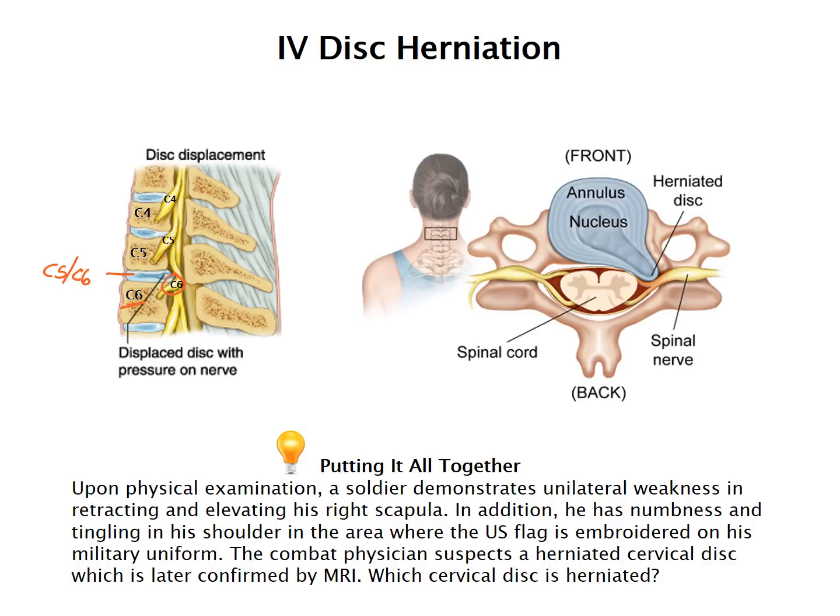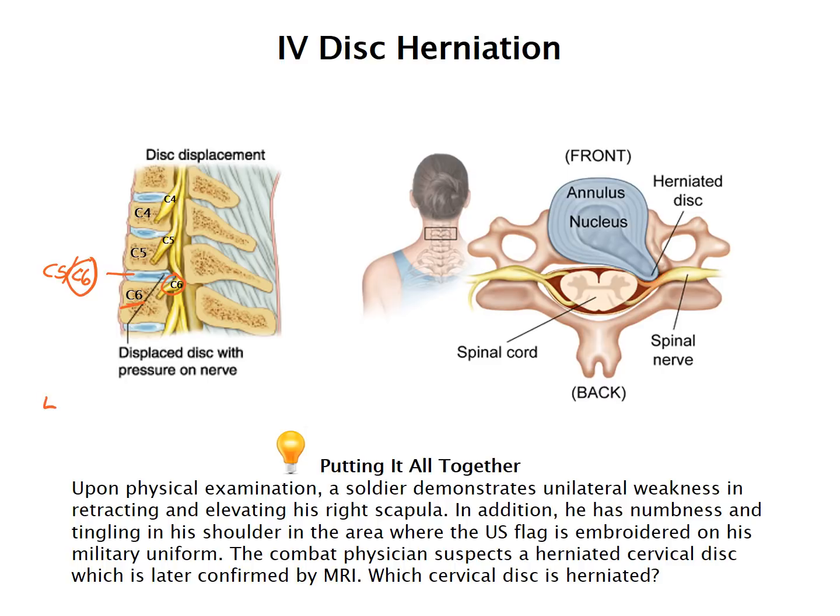There's only one rule that you need to remember when it comes to disc herniations, and that is that the nerve impinged by a herniated disc is always the bottom number of the disc that's herniated. So in the example we just gave, the bottom number of the disc is C6, therefore that is the nerve that will be impinged. This same rule also applies to the lumbar vertebrae.